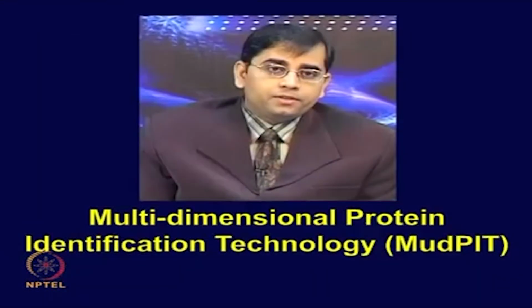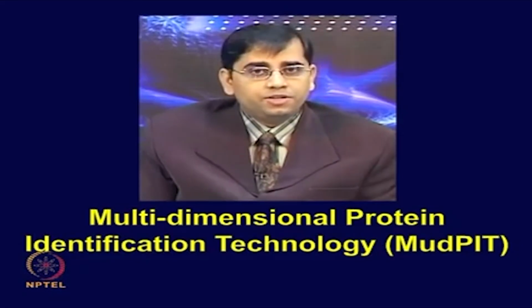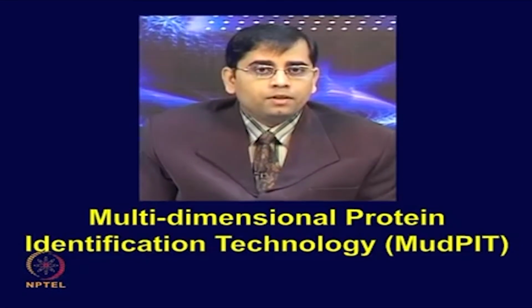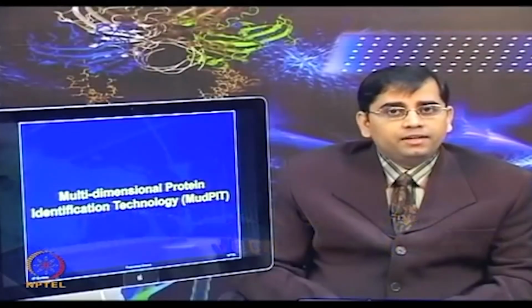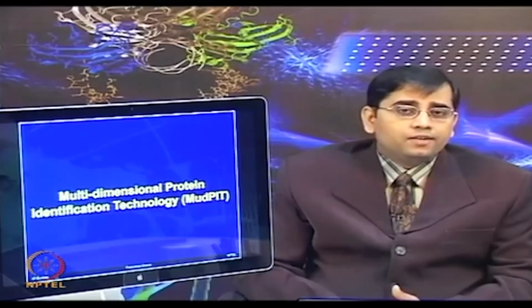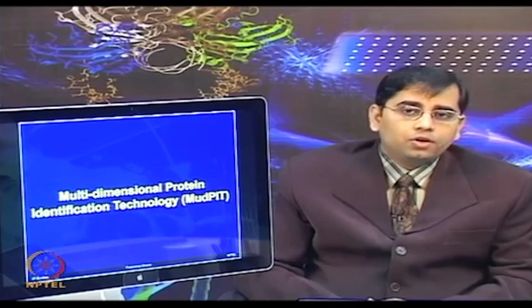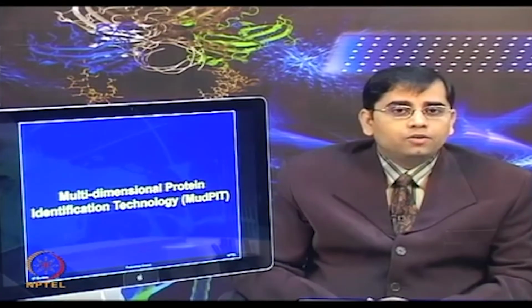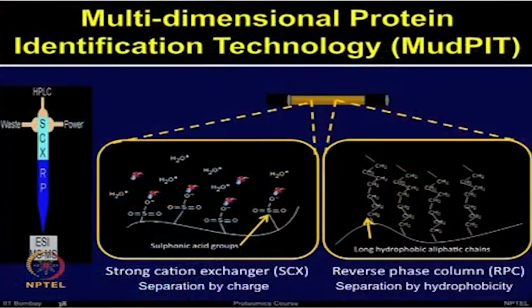So, what is MudPIT, or multidimensional protein identification technology? The MudPIT method combines cation exchange and reverse phase HPLC chromatographic separation of tryptic peptides for proteome-based analysis. We have already discussed two separate methods, SCX and RP.